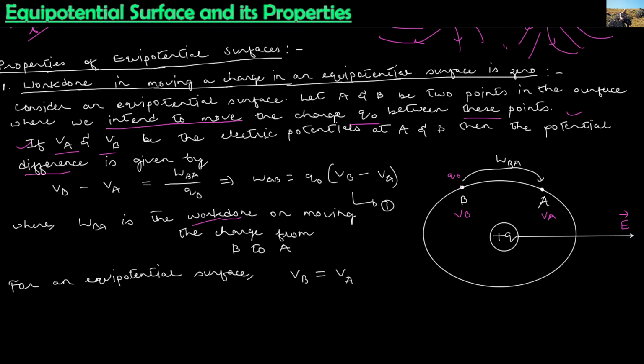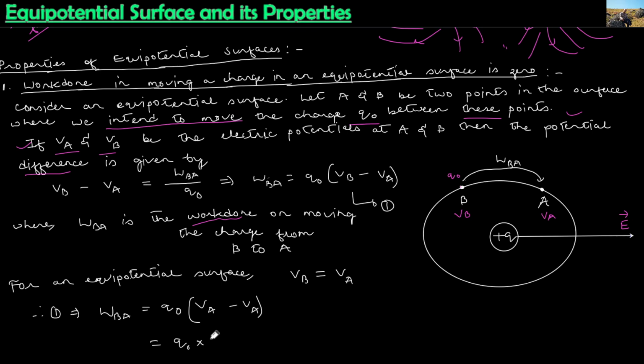So when the voltage at B is equal to the voltage at A, equation number 1 becomes WBA equal to Q naught, and in place of VB, I will substitute VA. So it will be VA minus VA, and VA minus VA will give you 0.